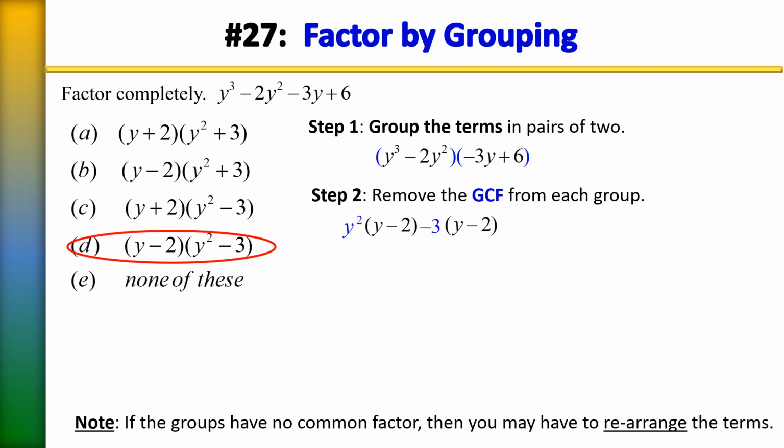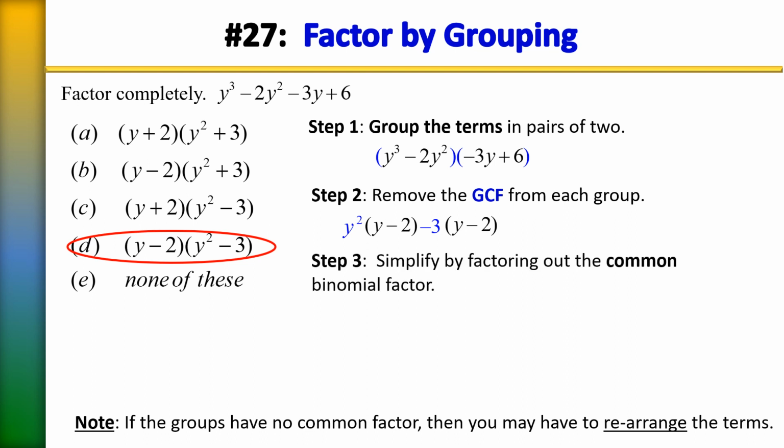So moving on, the last thing we need to do is just to remove the common factor among them. So if you look at this factored form, I see something that they have in common. In other words, what is it that this first group and this second group have in common?